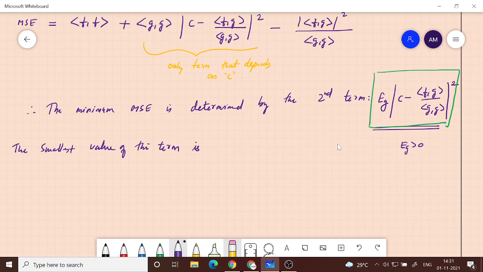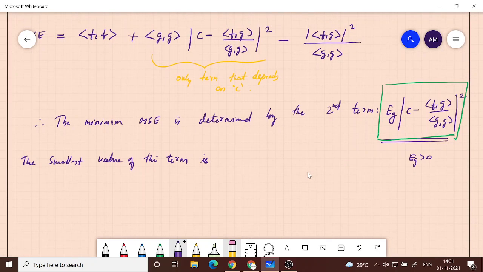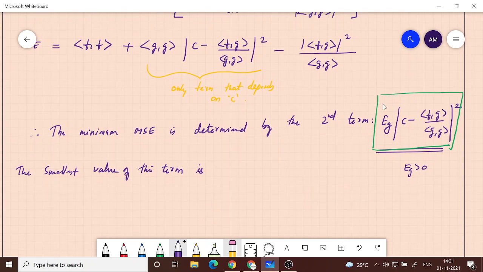Hello, are you listening? What is the smallest value possible for this entire second term, not for C?